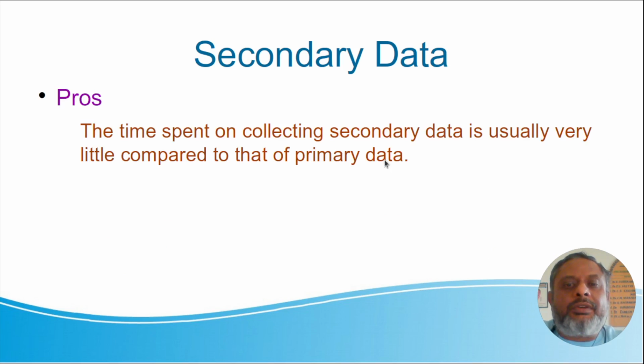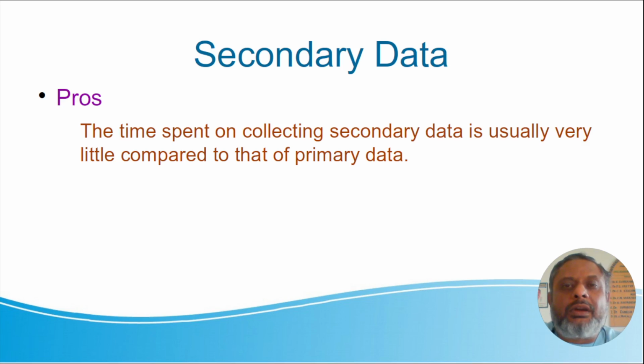The time spent on collecting the secondary data is very little compared to that of the primary data. We only need to search where the data is available, get the permission, and get the data. That's it. But when it comes to primary data, we need to create our own team.